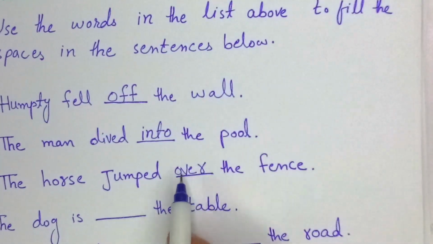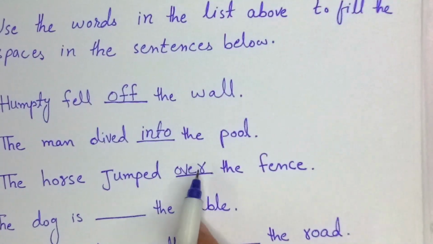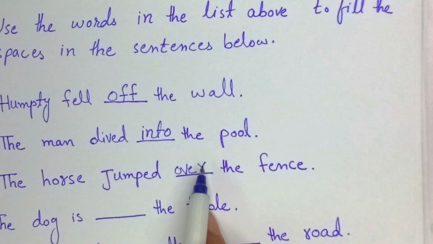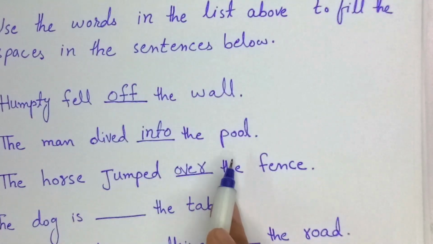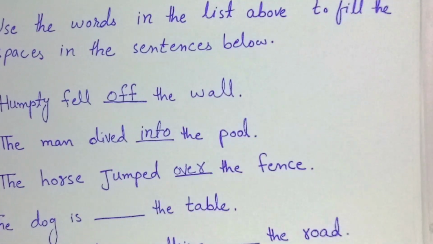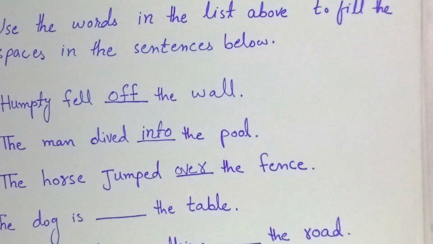Now why did we use over here? Because over shows or refers to something at a higher position than something else, like something involving movement from one place to another. Like we have an example, the white bird flew over the mountain.